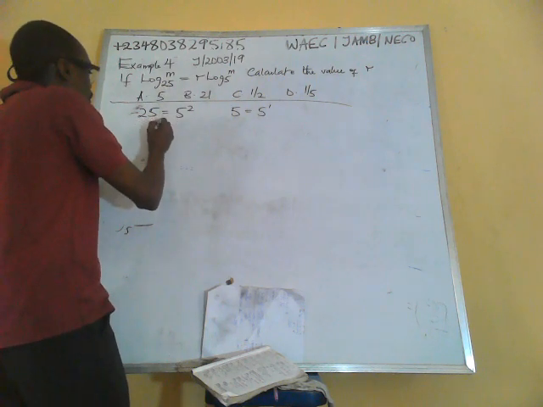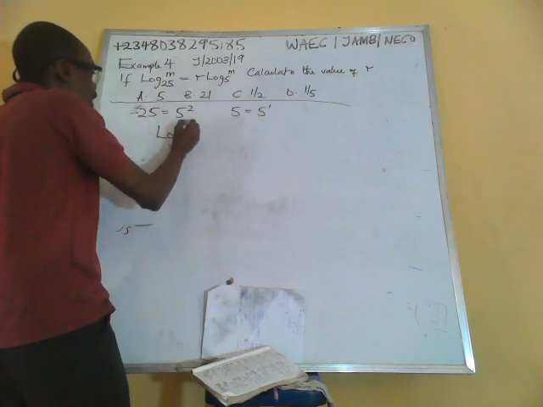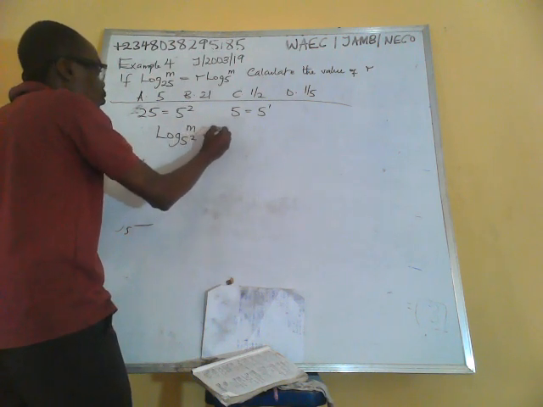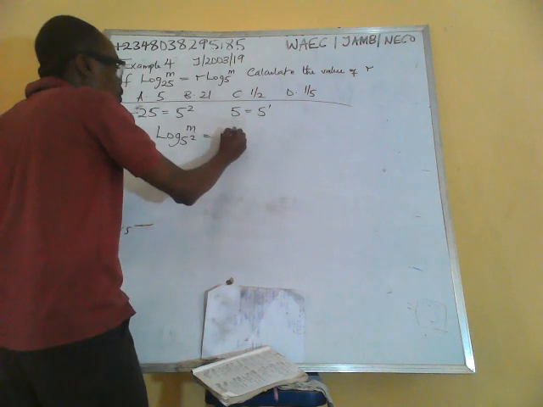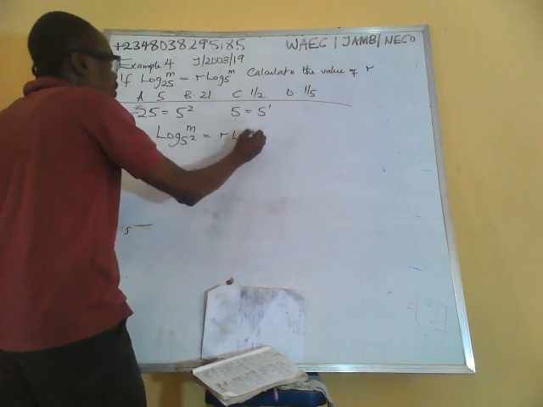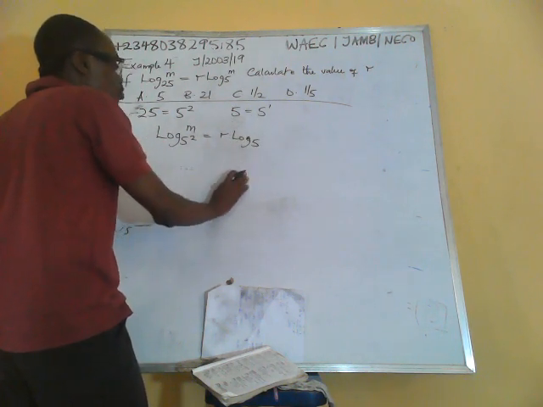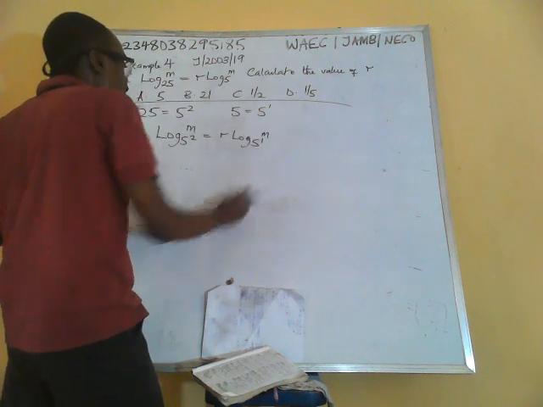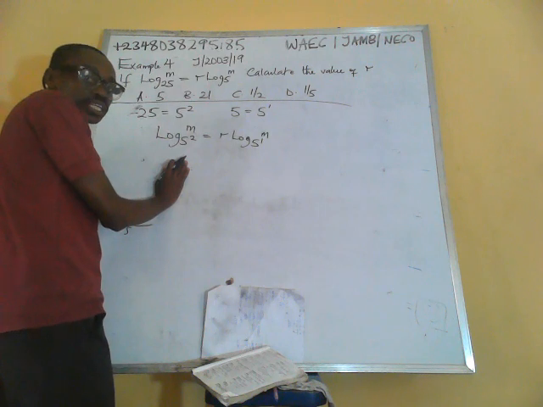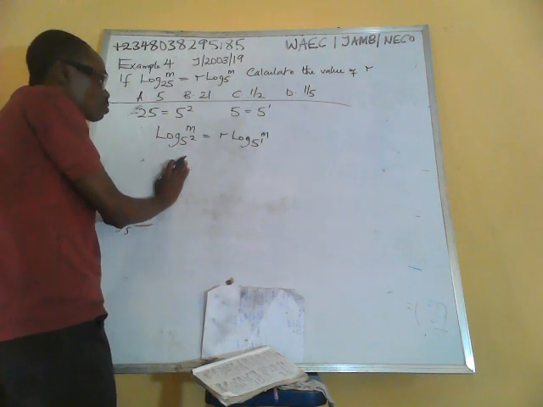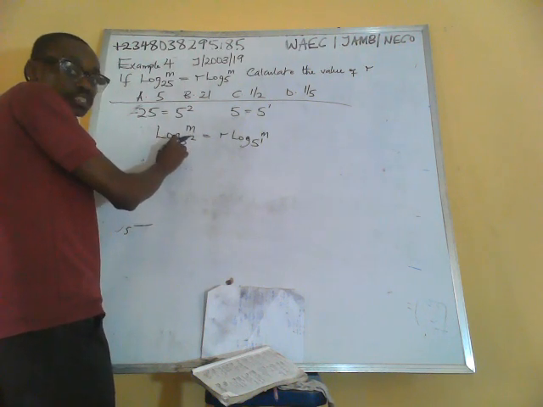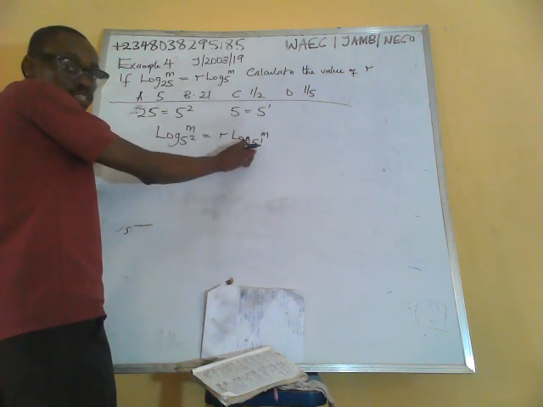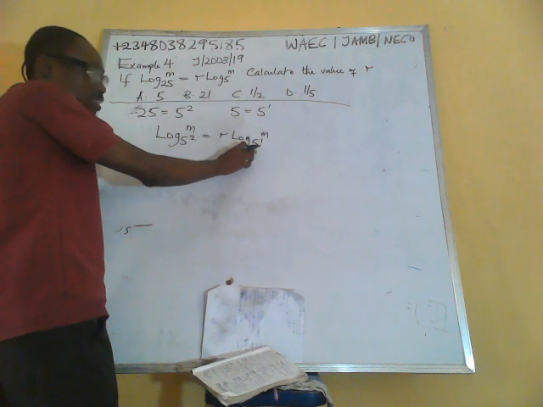So we have log m to base 5 raised to power 2 is equal to r log 5 raised to power 1 of m. Next, we apply change of base. Our change of base is going to be 5, since already we have base 5 here and base 5 here.